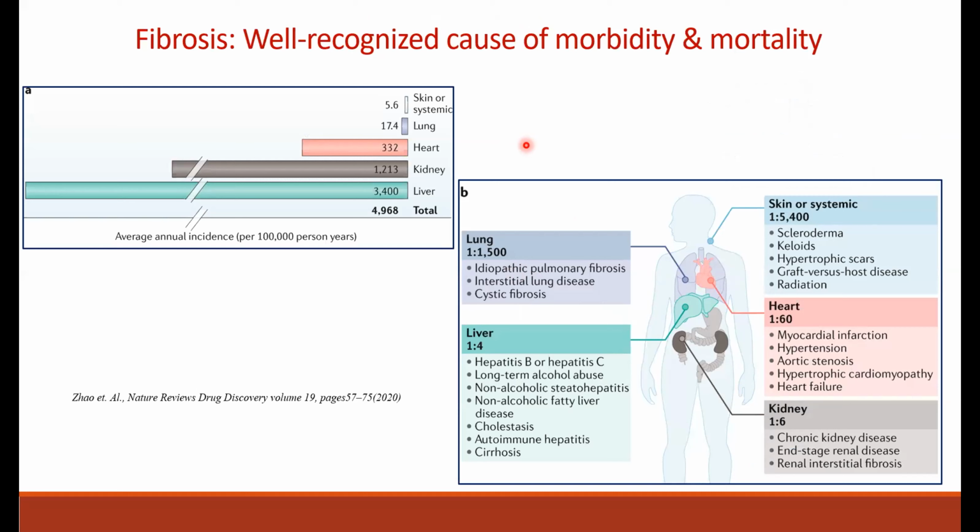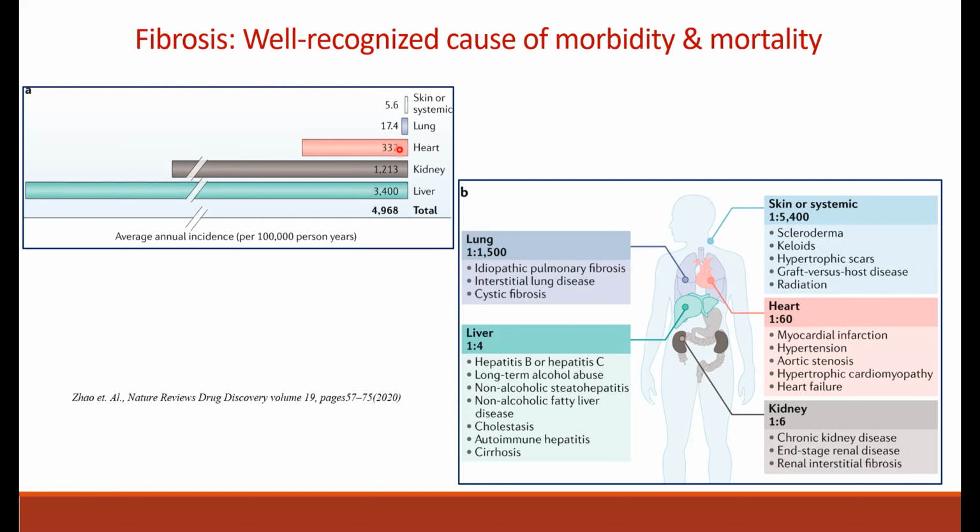You can see from the slide that the liver is the organ that is most perfused, therefore very predominant numbers of fibrotic tissue are in the liver. But the heart is third in the paradigm. It is 1 in 60 patients who will develop cardiac fibrosis.